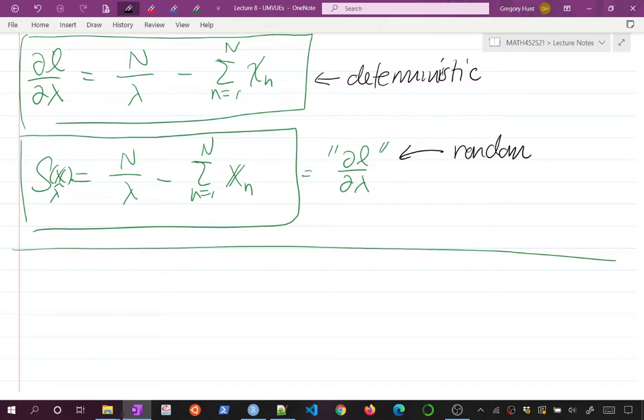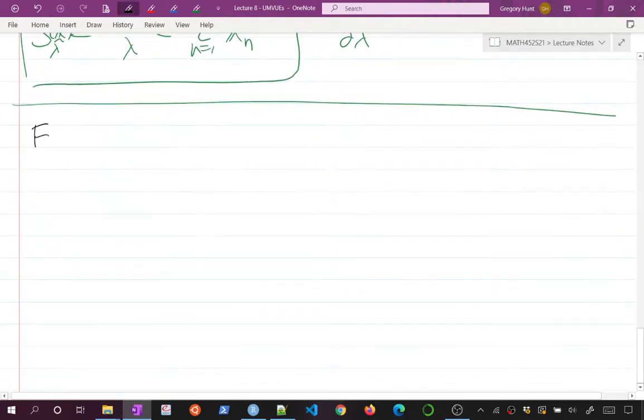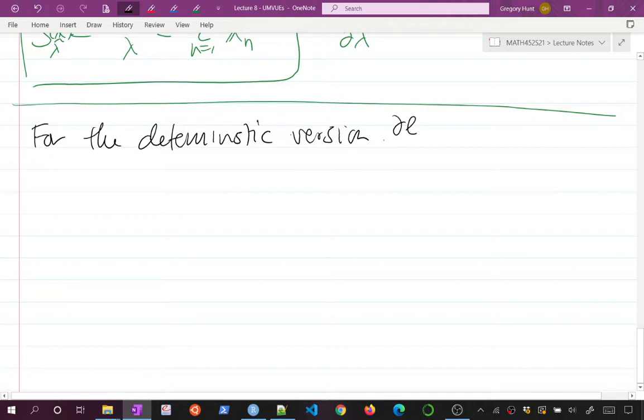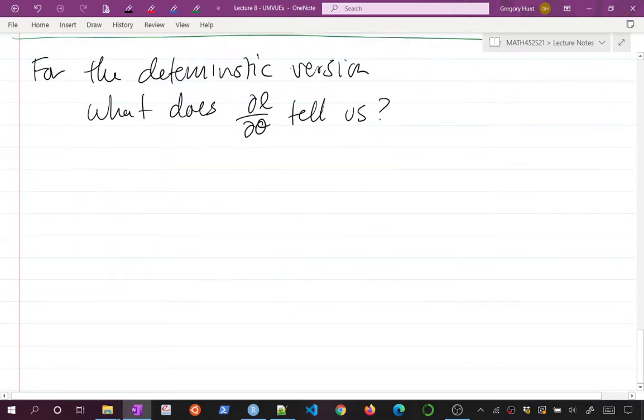Now, for the deterministic version, what does dl d theta tell us? Let me write that out.